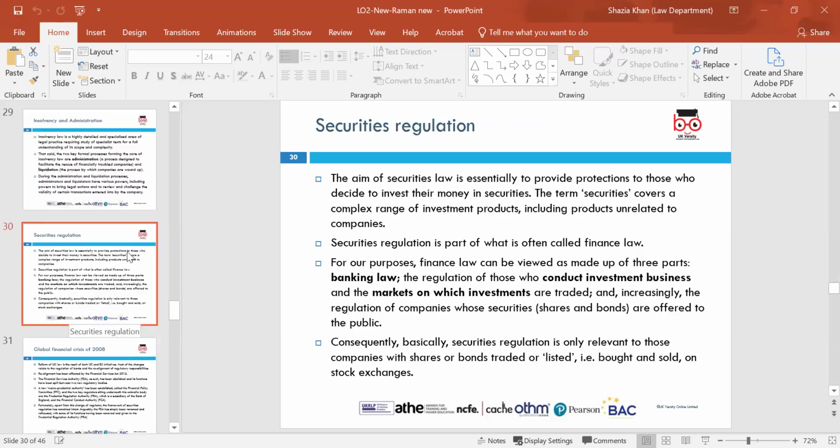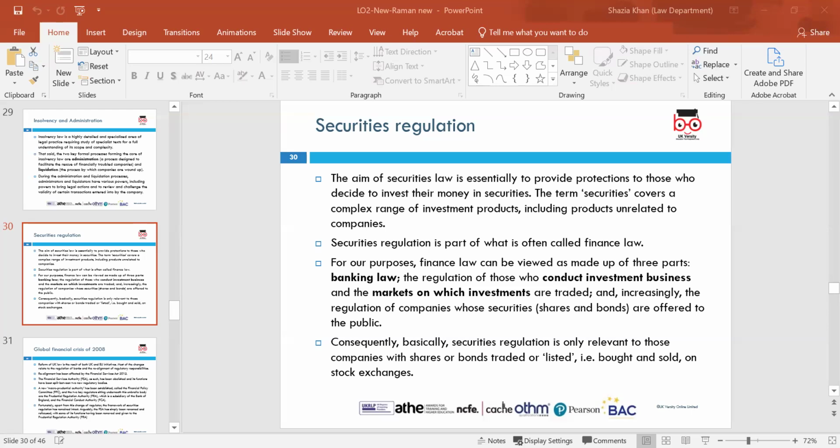We've got securities regulation as well, which is another really important element of the financial side of things. The aim of securities law is essentially to provide protection for those who decide to invest their money in securities.